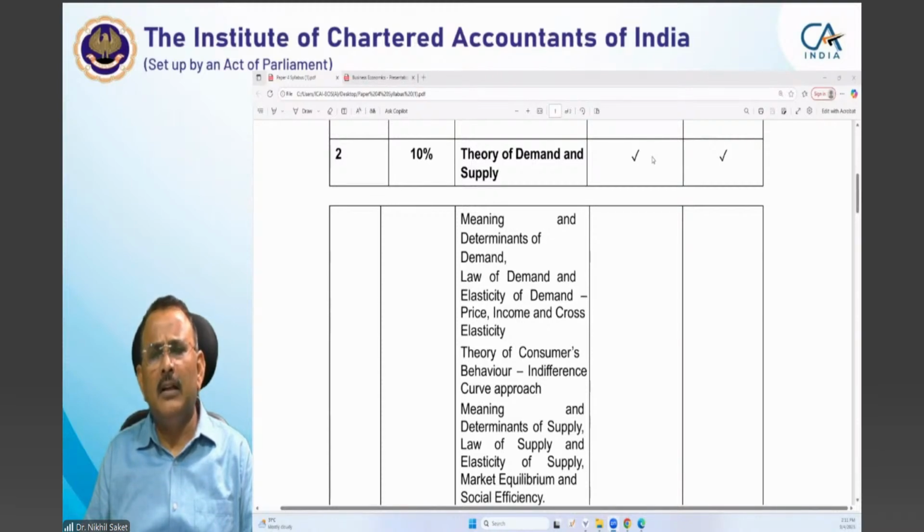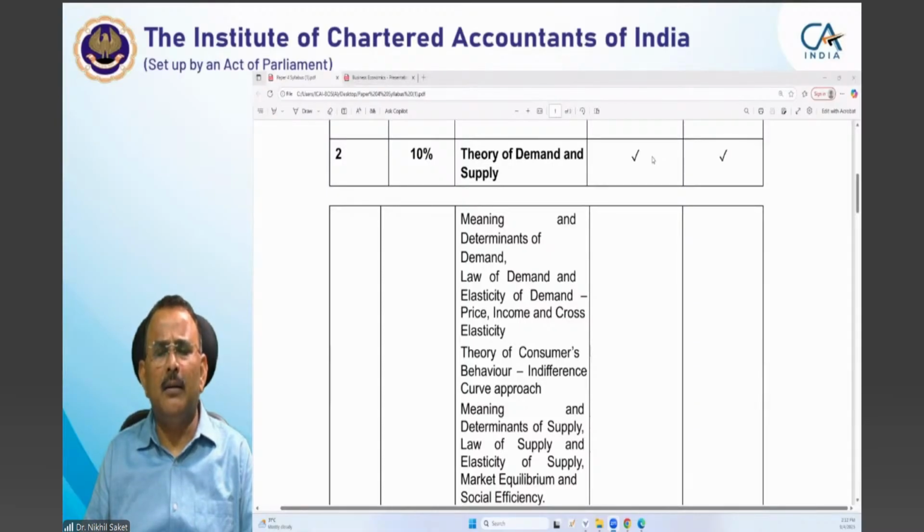Now, here in demand and supply, an important concept of elasticity is there. There are different types of elasticity: price elasticity, income elasticity, cross elasticity, arc elasticity, advertising elasticity. So remember the formula for calculating a particular elasticity.